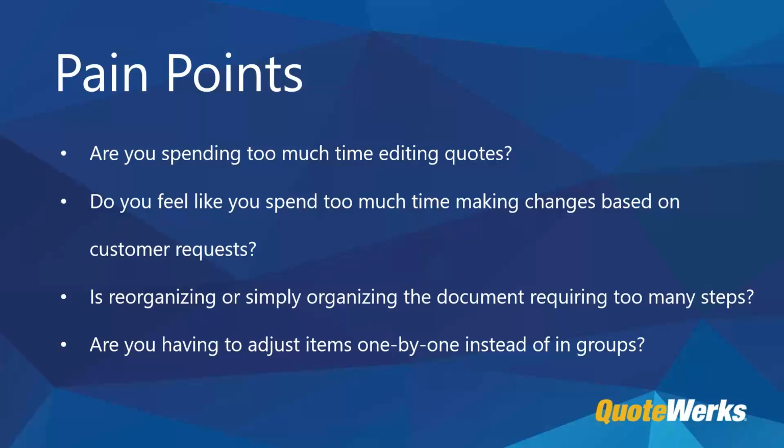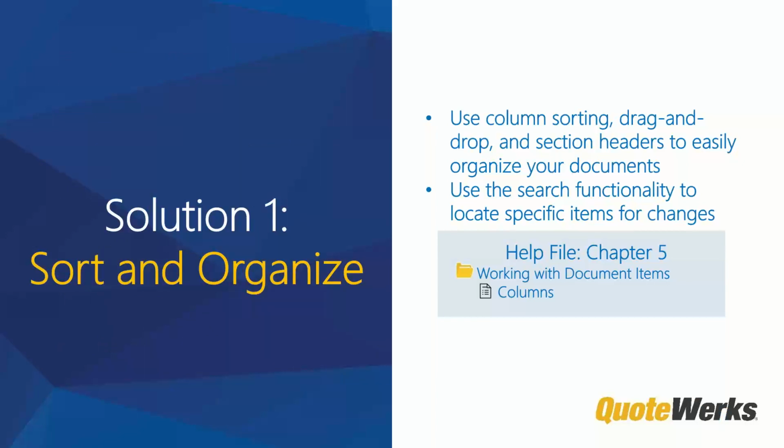So that's what we're going to be discussing today and walking through the options that are available for that. So the first one is sorting and organizing. In QuoteWerks, we have a lot of functionality to help you move the data around the document itself. So we have column sorting. You can drag and drop line items. You can add section headers to organize the document. Those are three things that are really, really quick and easy to do that can make working in your document much, much simpler.